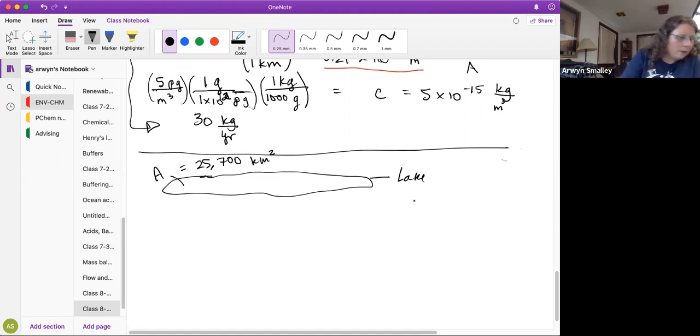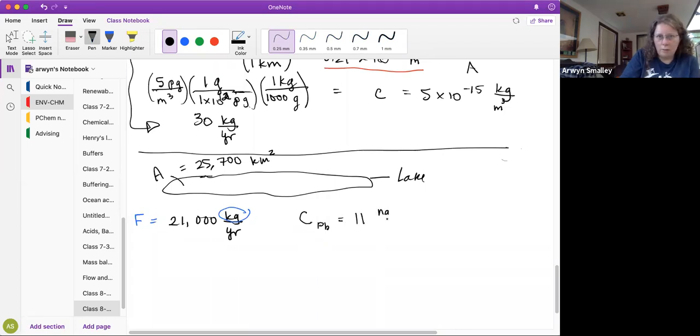And then the other information that we had was 21,000 kilograms per year, which seems like a big number. And because this is a kilogram and not like a meter or something like that, we know that this is a flow number. And then we have a concentration of the lead, and that was 11 nanograms per cubic meter, and that was in the air.